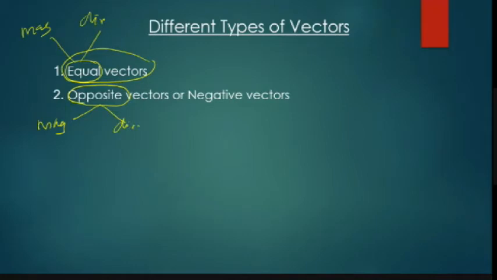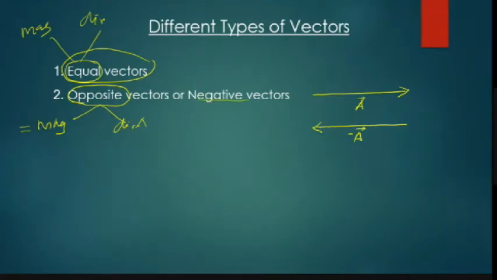In that case, you call it an opposite vector or negative vector. For example, here is vector A. To draw the negative of this vector, minus A, it is very easy: take the same magnitude, the same length, and then reverse the direction. So this is nothing but minus A. This is the meaning of the negative of a vector.